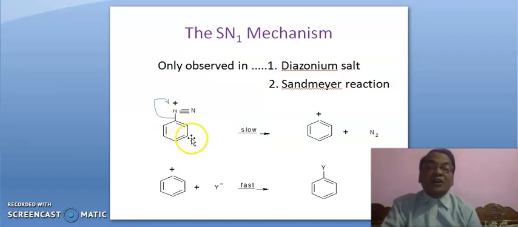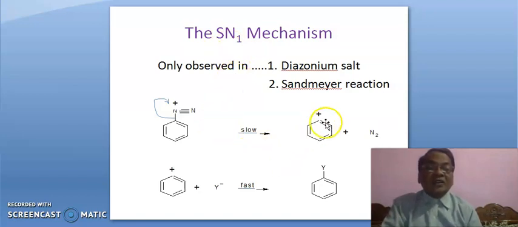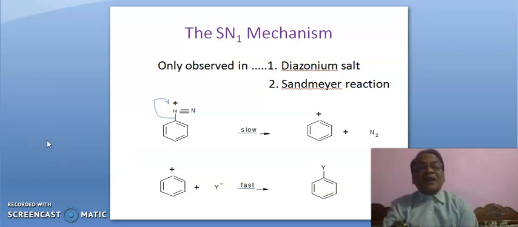Therefore the order of this is 1, and that's why I have written SN1 mechanism. Now this nucleophile Y minus will attack at this position, leading to monosubstituted benzene. So remember that the SN1 mechanism is only followed in diazonium salt, either in diazonium salt or in the Sandmeyer reaction.